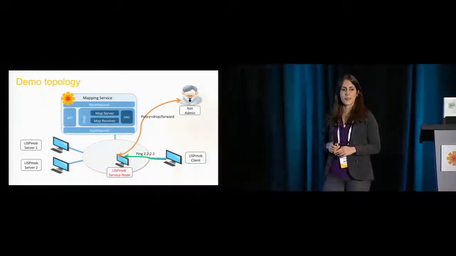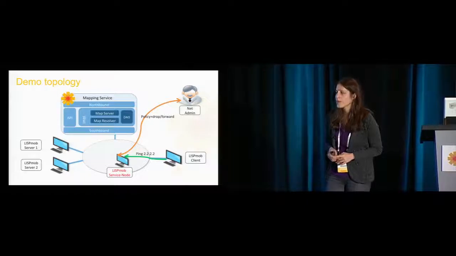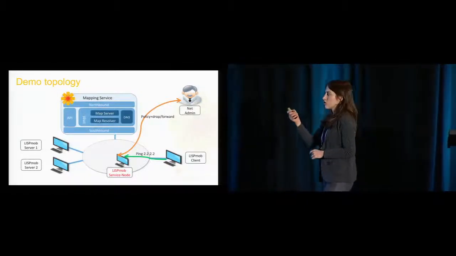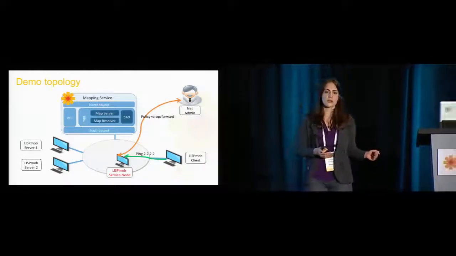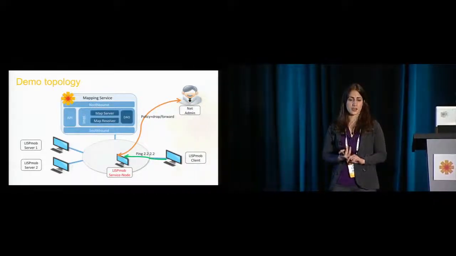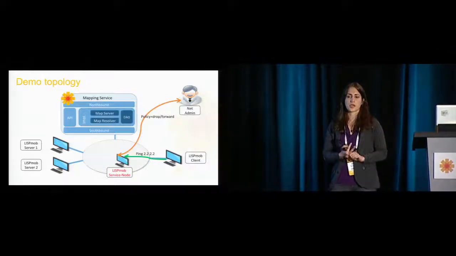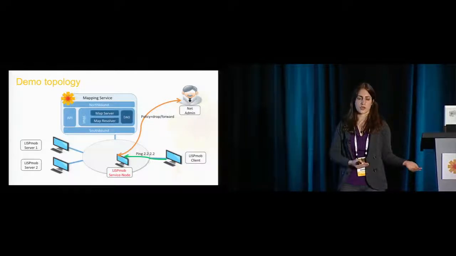Yes. So, what is the facility of doing load balancing based on the load? So you can insert multiple locators, and for every locator you can set up a priority and a weight. Priority says which RLOC has priority over the other.